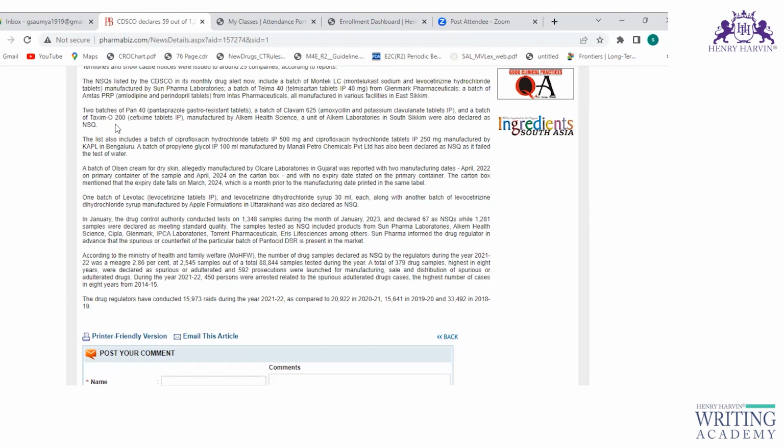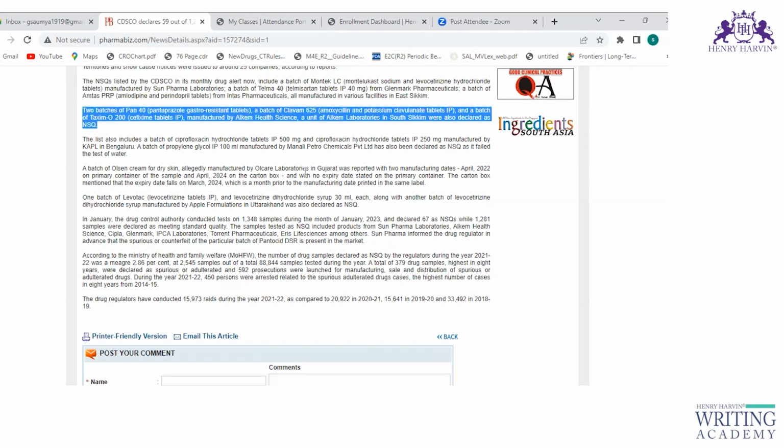Then 2 batches of Pen 40 pantoprazole gastrointestinal tablets, a batch of Clevem 625, which is amoxicillin and potassium clavulanate tablets IP, and a batch of Texim 200, which is cefixime tablets IP, manufactured by Akam Health Science, a unit of Akam Laboratories in South Sikkim, were also declared as NSQ.